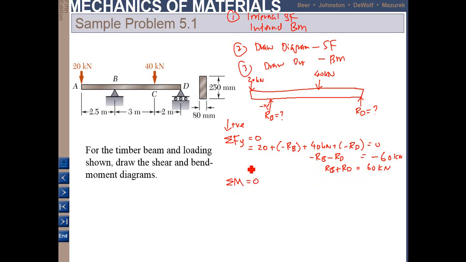So let's say you take moment at point B, or you find moment at point D. Let's say I calculate the moment at point B, which should be equal to 0. If you consider this direction as positive because the shear is going downward, the moment at point B should start from the left, which is 20 kilonewton.